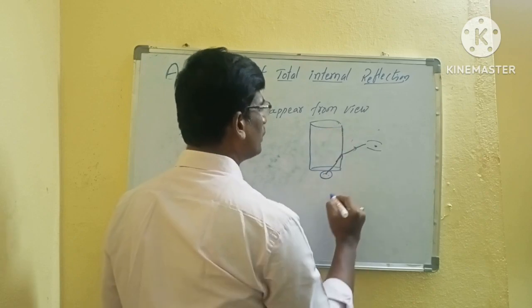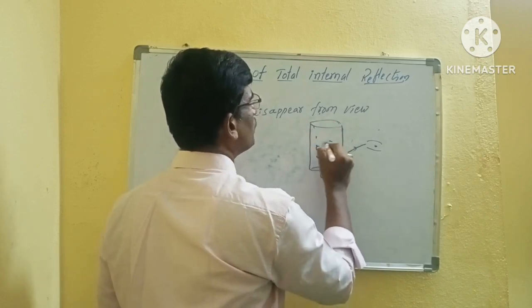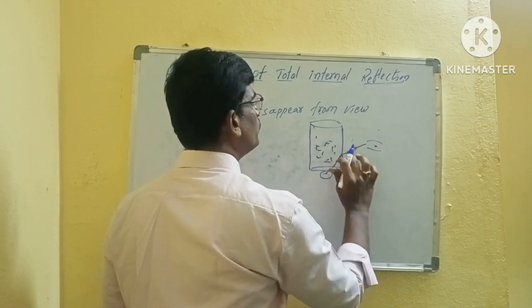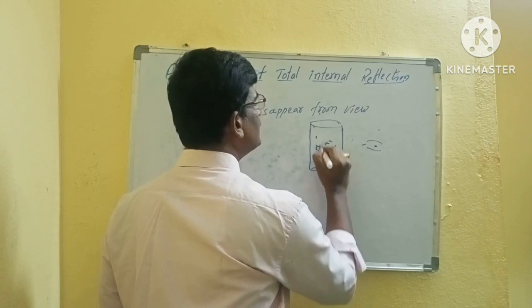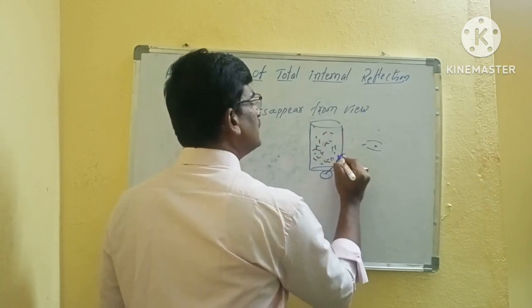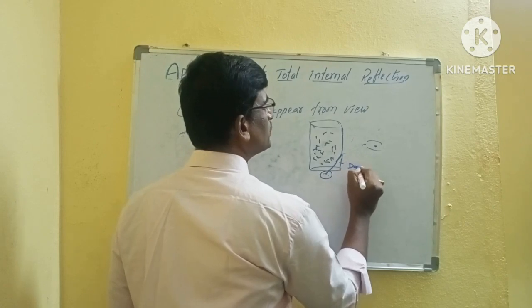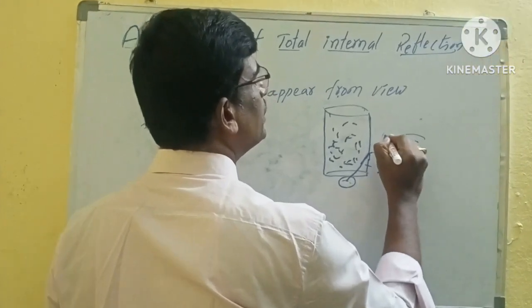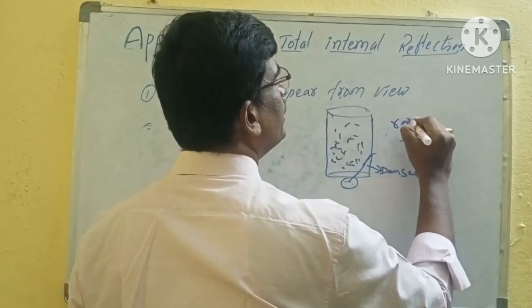After pouring the water, we can't see the image from the sideways. In this case, the water is the denser medium and the outside is the rarer medium.